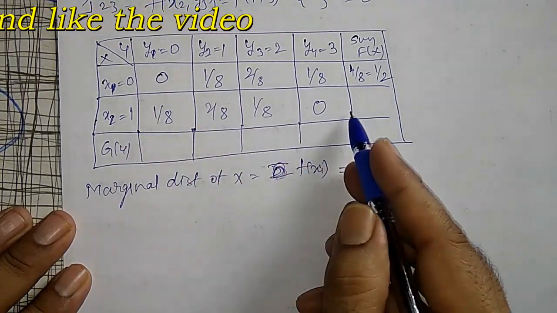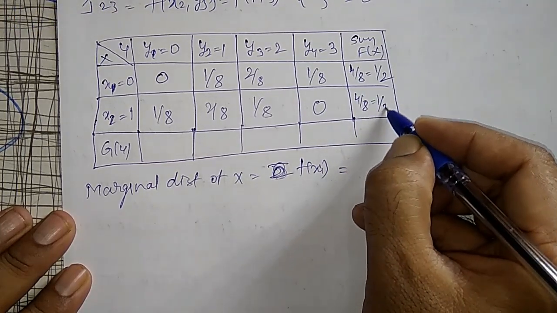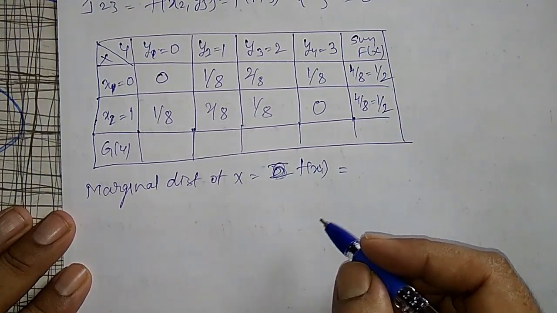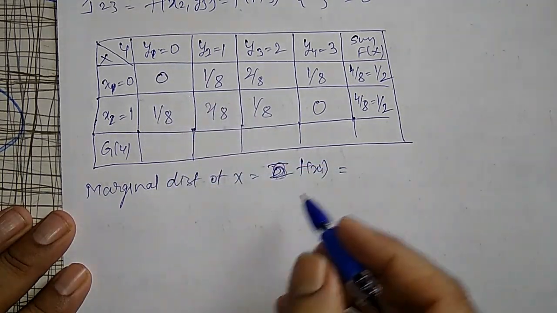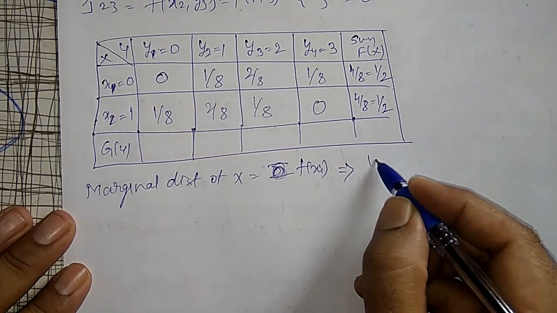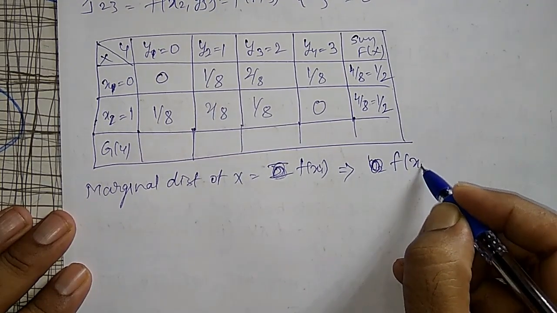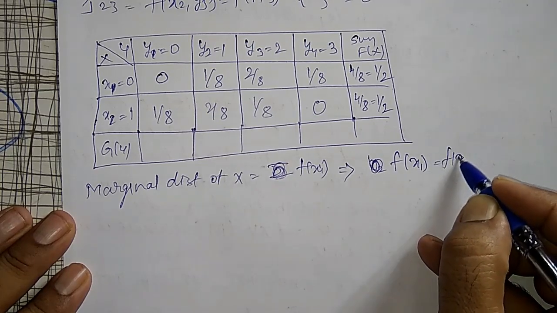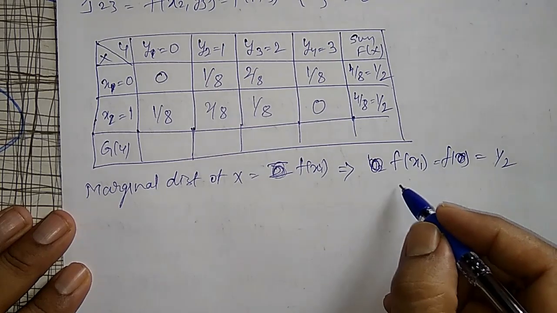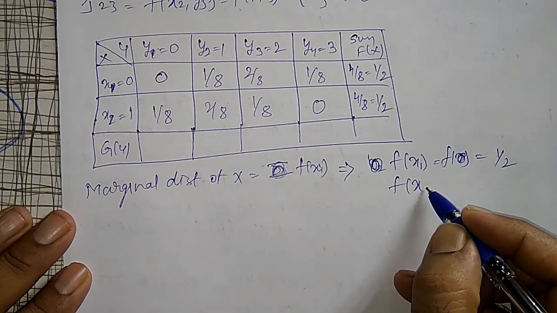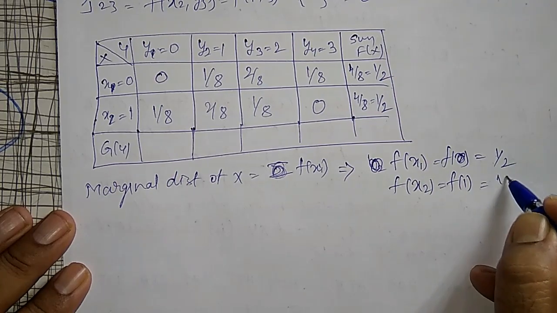And the sum of the second row is also equal to 4 by 8, which is also 1 by 2. Like that, if you add row-wise, it will give you the marginal of x. Therefore f of x1, that is f of 0, has probability 1 by 2, and f of x2, that is f of 1, is also 1 by 2.